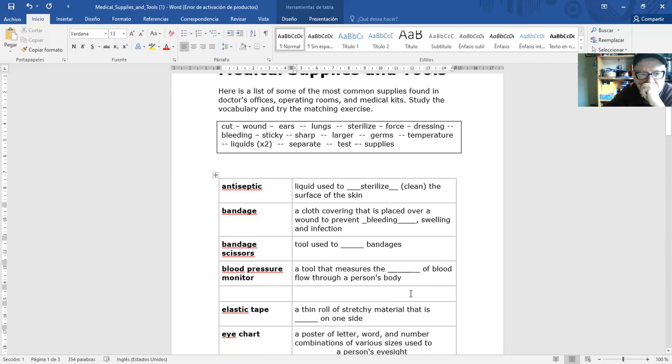Herramienta que mide del fluir de la sangre en el cuerpo de una persona. No, it's not bleeding. No, it's not cut.